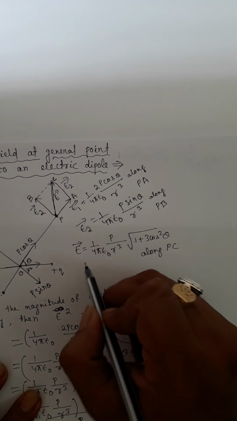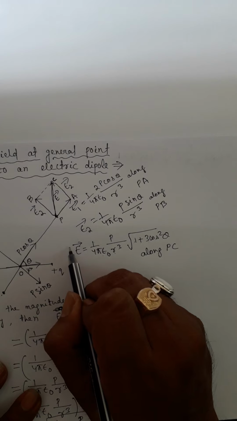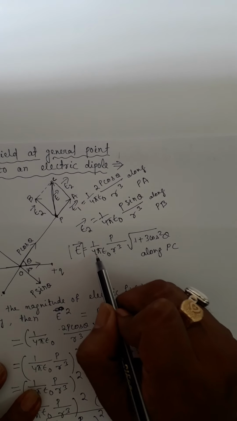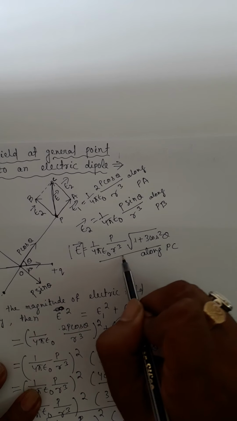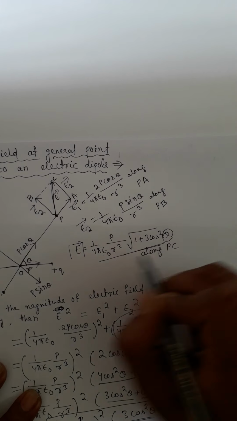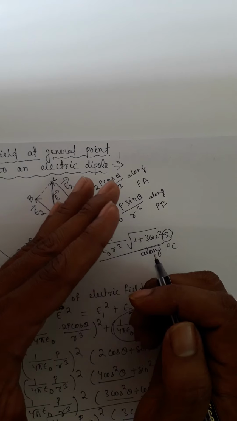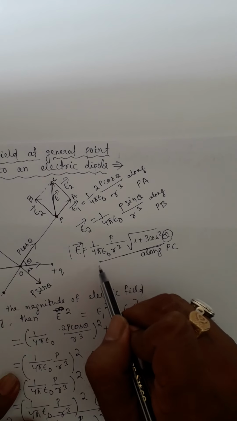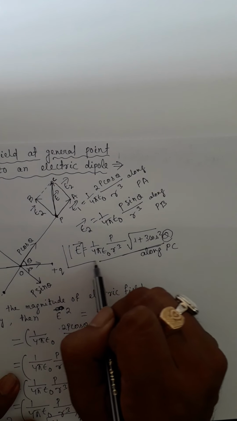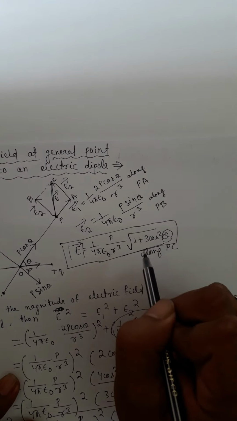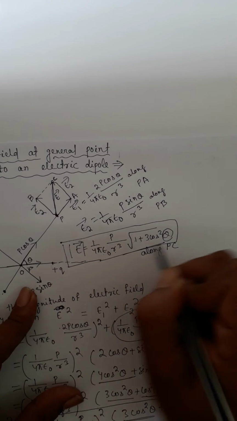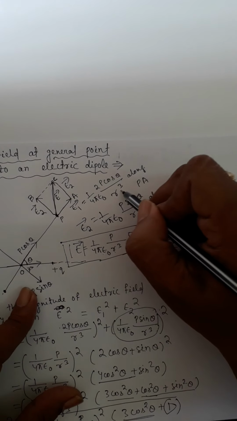Here we have calculated the magnitude of this electric field intensity, and the formula will be this. If we change the value of theta and put it in this formula, we can calculate the electric field intensity at any point. If theta is 0, then it will be on the axial line, and the formula will be this.